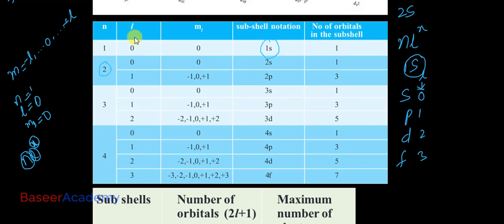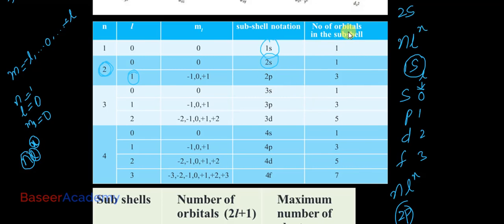When the value of N is 2 and the value of L is 0, the subshell notation is 2s, and the M value is 0. Now the N value is 2 and the L value is 1 here. What would be the notation? Simple. N value is 2, L value is 1. 1 means p subshell. So the notation would be 2p.